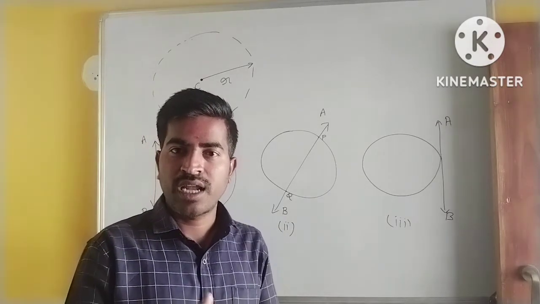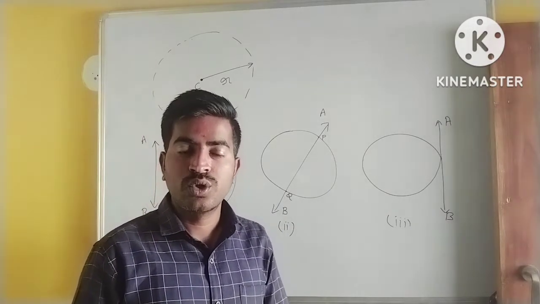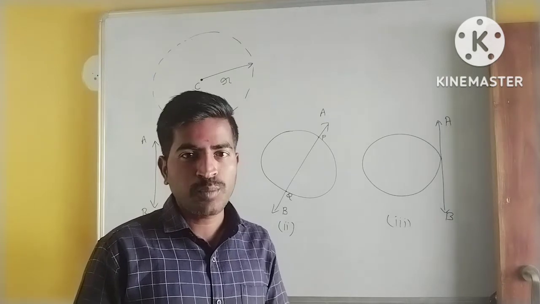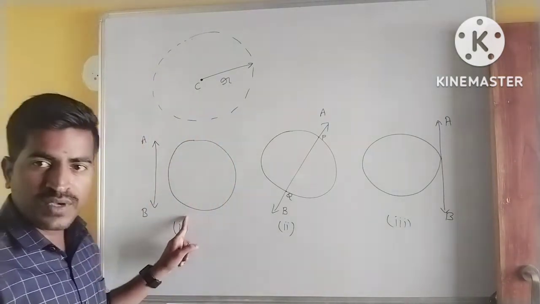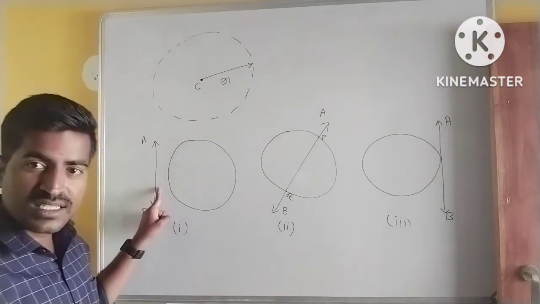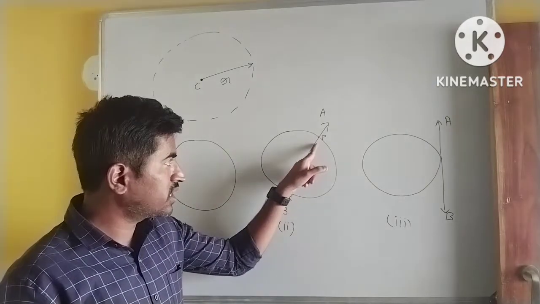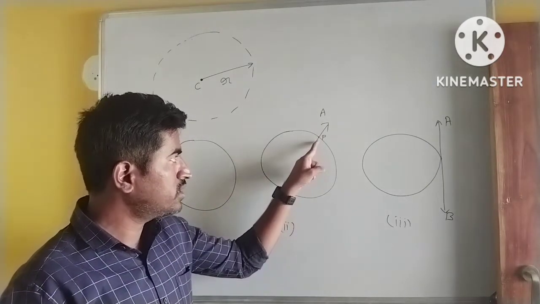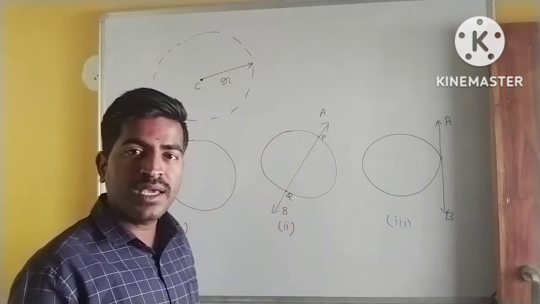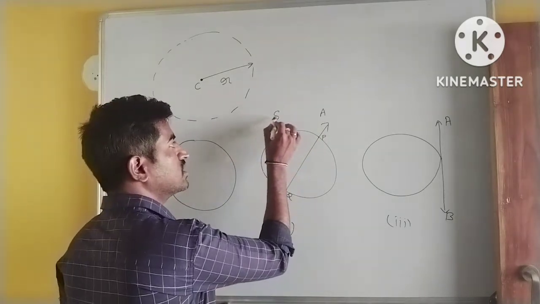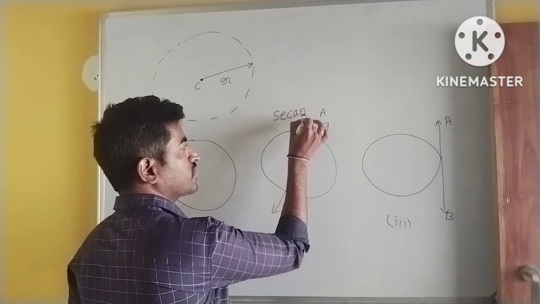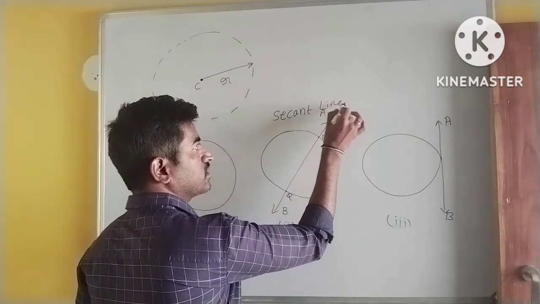Whenever a line and a circle are given, you can indicate them with three possibilities. One is this way, a non-intersecting line with respect to the circle, and this one is intersecting at two distinct points, hence we can say this line AB is called a secant line.